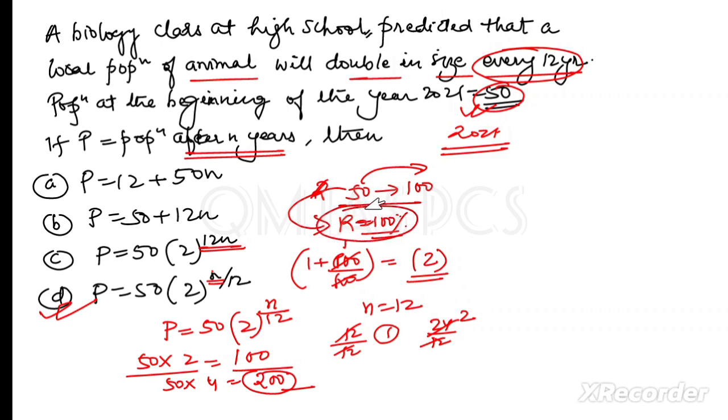If you understand this, you can apply any type of formula and solve any type of question. Is it clear? So this was from UPSC 2021. Now look at the another question.